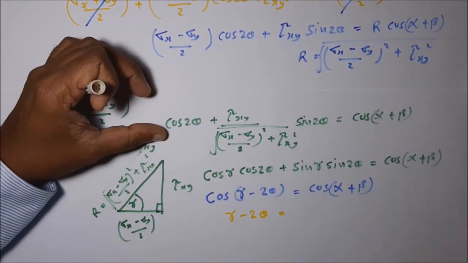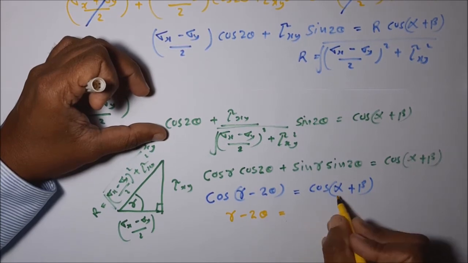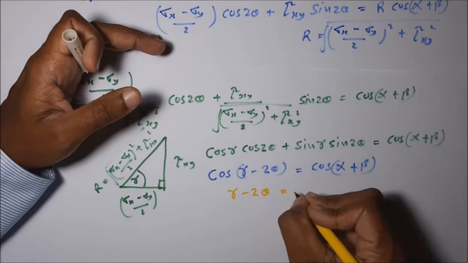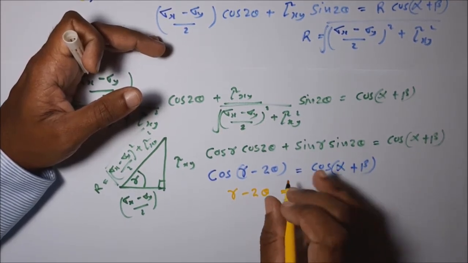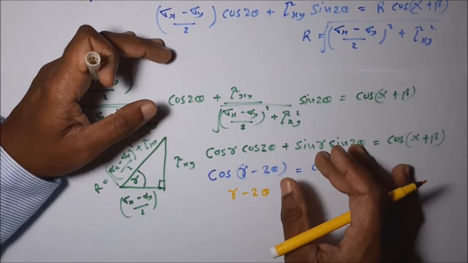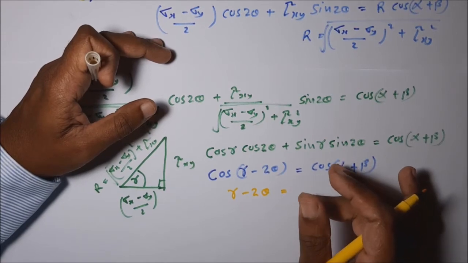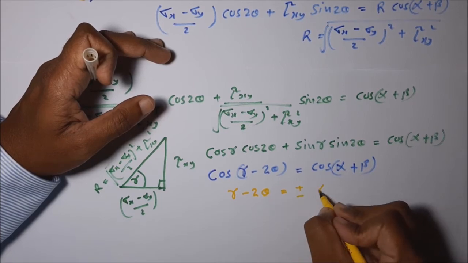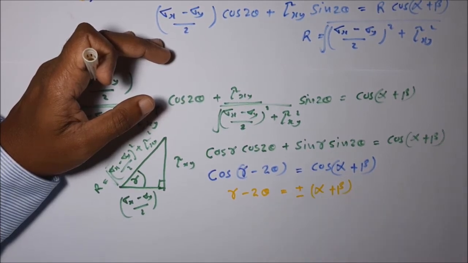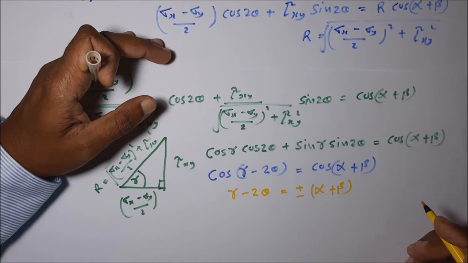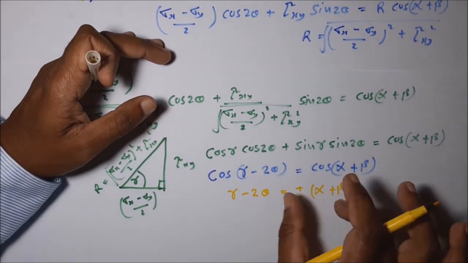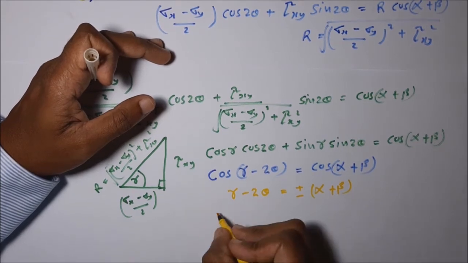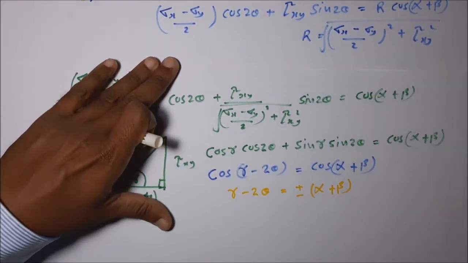Then what is gamma minus 2 theta? In a general solution, for the cos, I am taking the plus or minus alpha plus beta. So what are the two values we are getting?